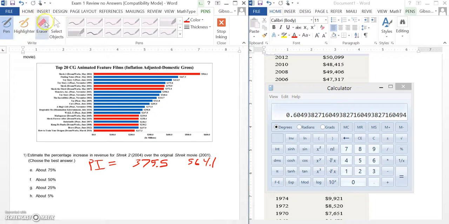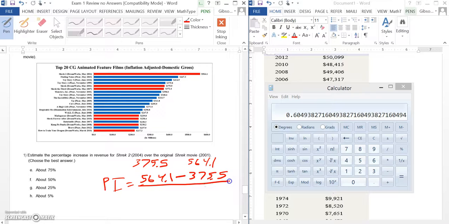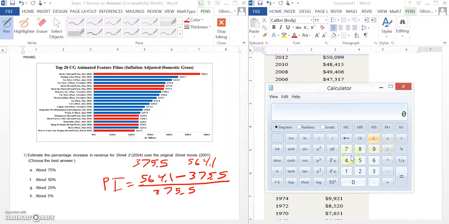So our percent of increase, we know we always take the larger value, which would be 564.1, minus the smaller value, which is 375.5, divided by the original amount, which would be 375.5, because the first Shrek movie came out before the second Shrek movie. So we will put this in our calculator. 564.1 minus 375.5.